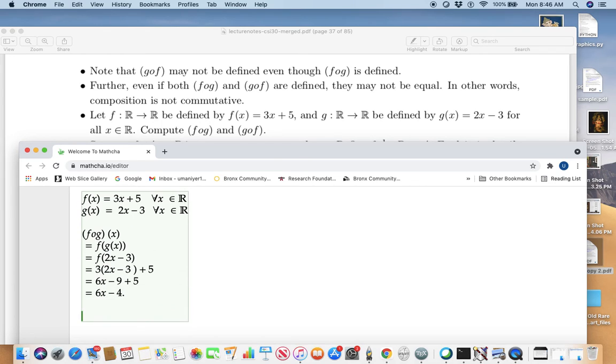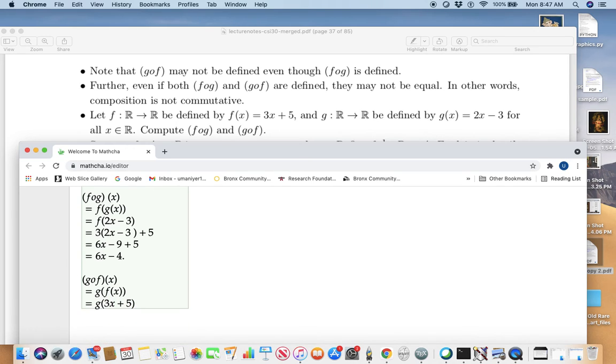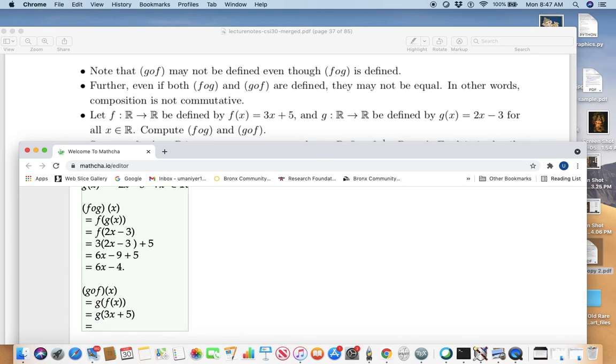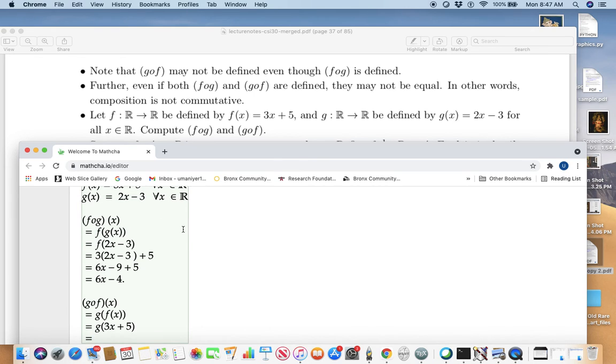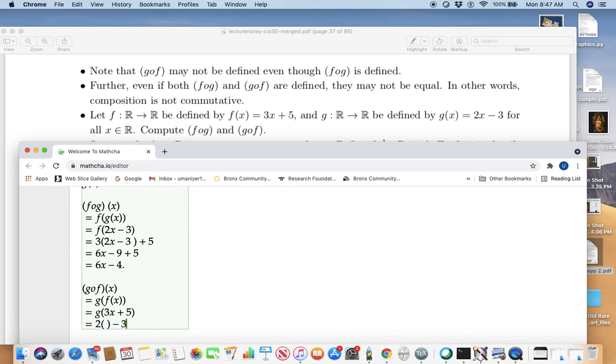All right. What about g∘f of x? That is equal to g of f of x. g of, what is f of x? 3x plus 5. That is equal to. What does g do to anything? Whatever is inside, it multiplies by 2, then subtracts 3.